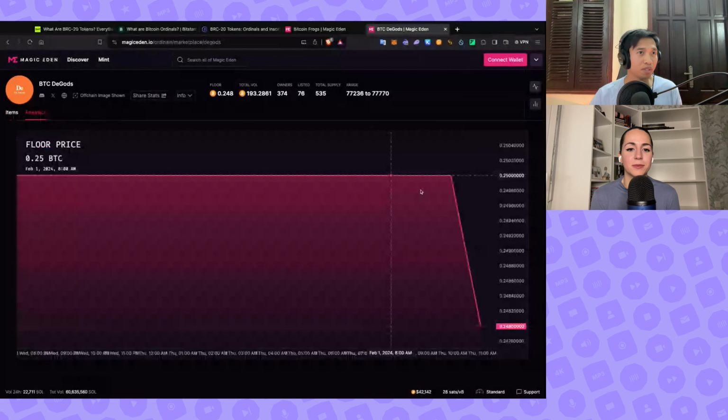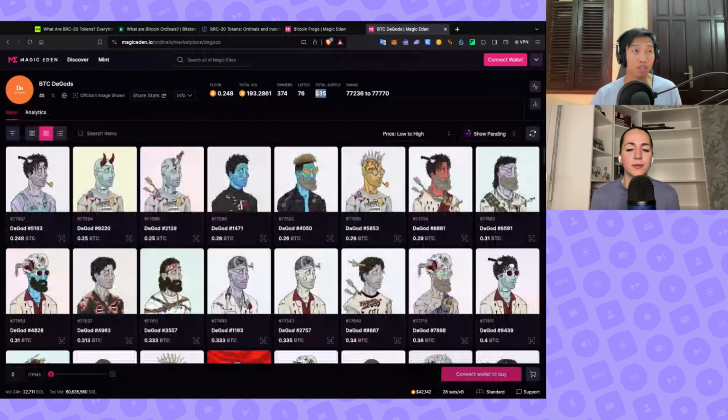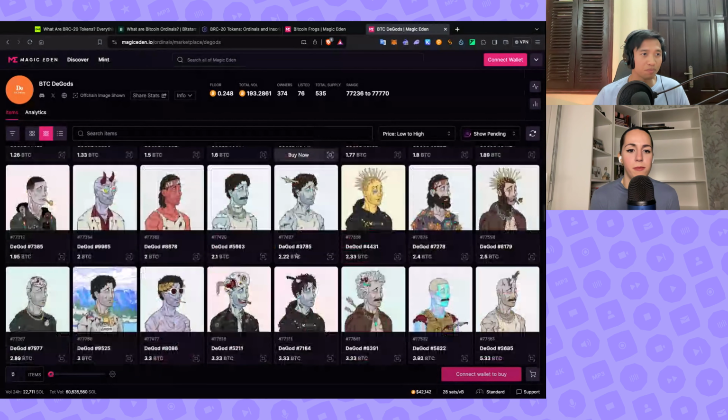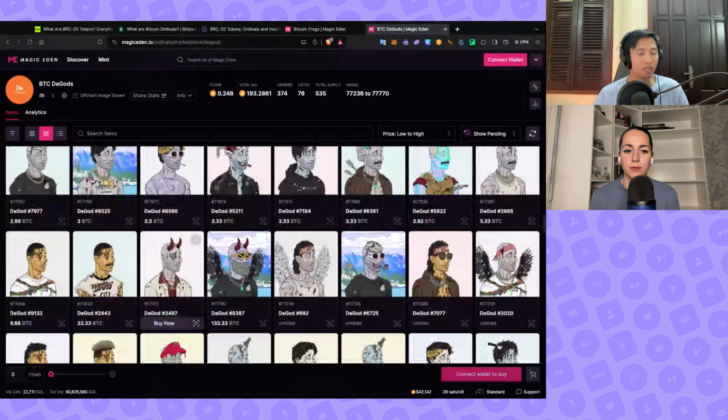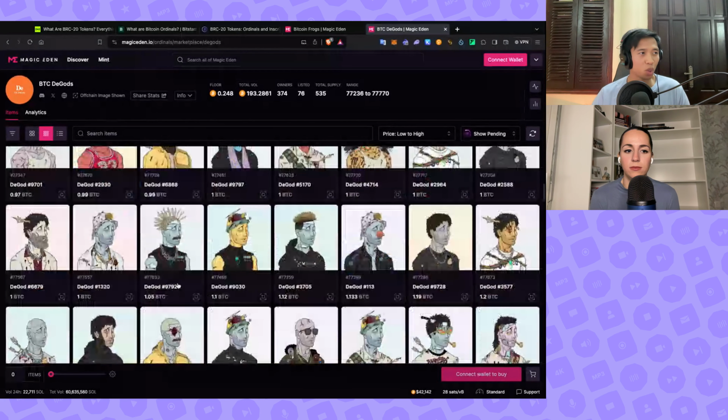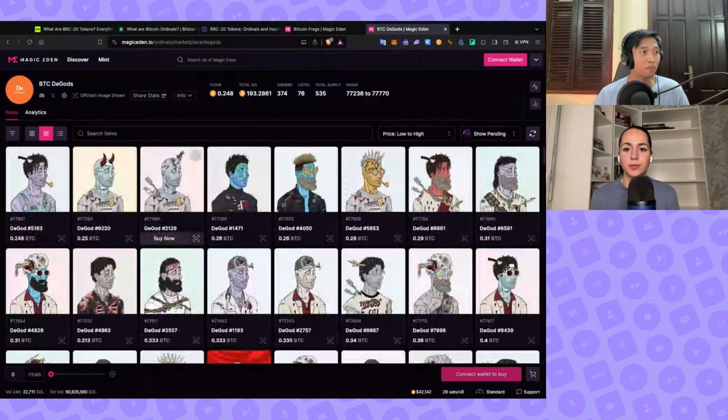And we can see here the floor price, and there's actually only 535 of them, I think, which is probably why, right? Supply and demand. There's a few of these. So this is one of the originals on the blockchain. And I believe the principle of randomization also still applies for how this is created.